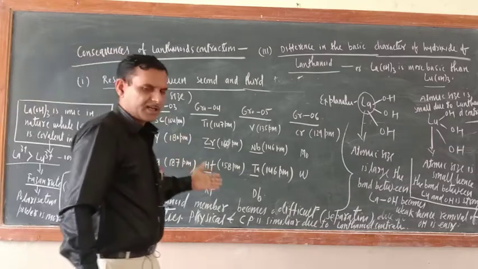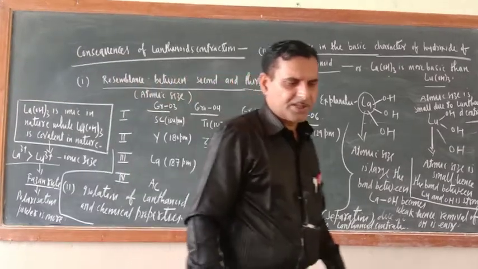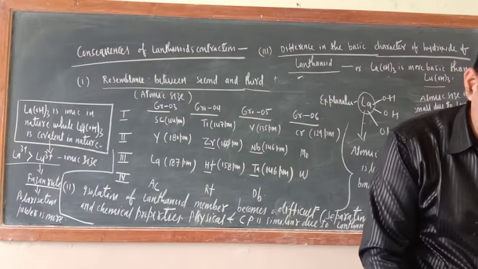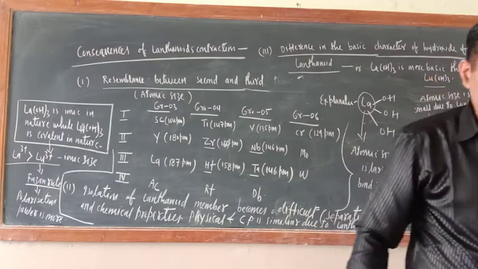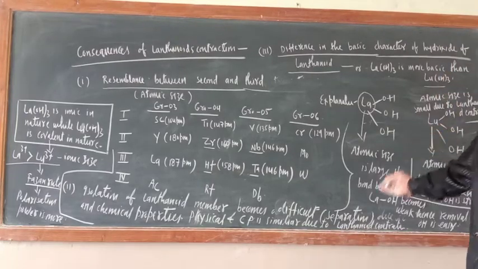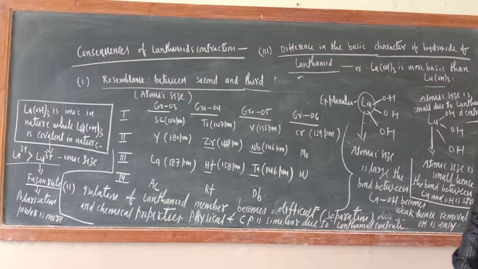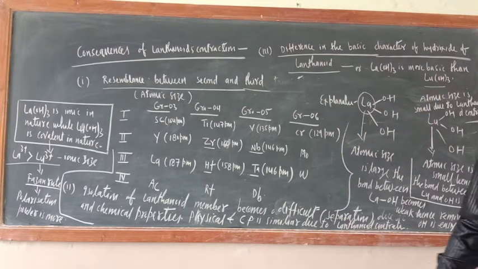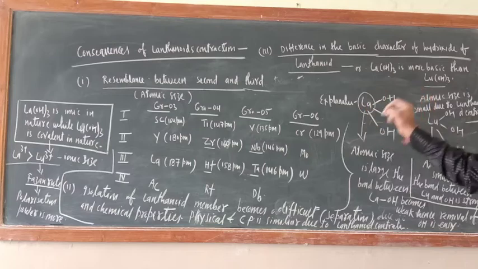In this way, the consequences of lanthanide contraction are completed. Basically there are 3 consequences, and sometimes they will ask why zirconium and hafnium are known as twin elements. Sometimes they will ask why lanthanum hydroxide is more basic than lutetium hydroxide.